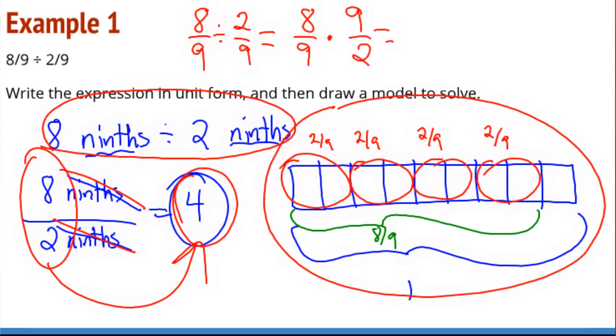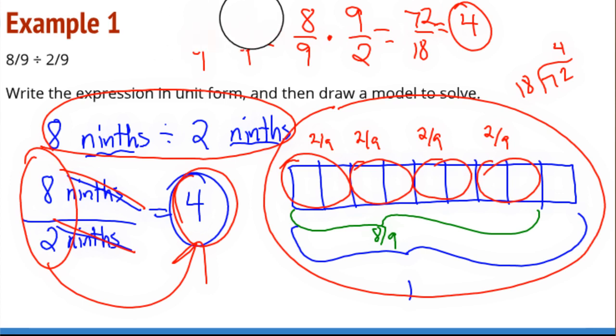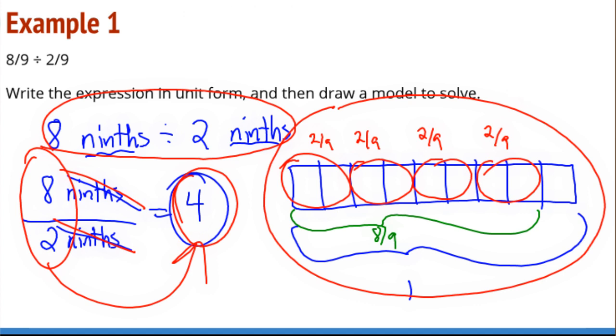And we get 72 eighteenths, and 72 divided by 18 is going to be 4. So there is a connection there, and I don't want to dive too much into the model portion of this, but exploring, hey, I'm noticing a pattern and there is a connection.